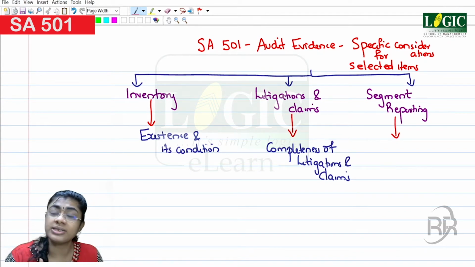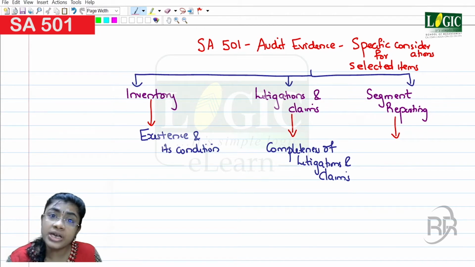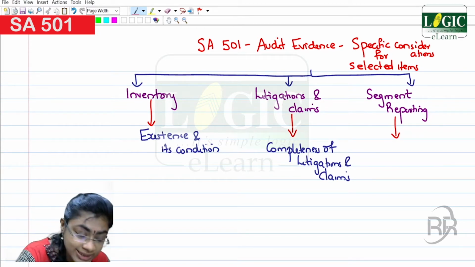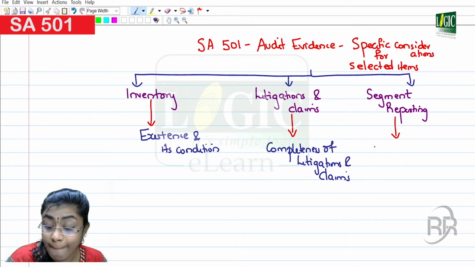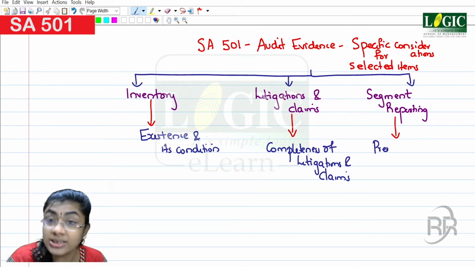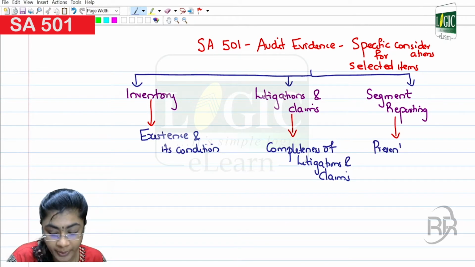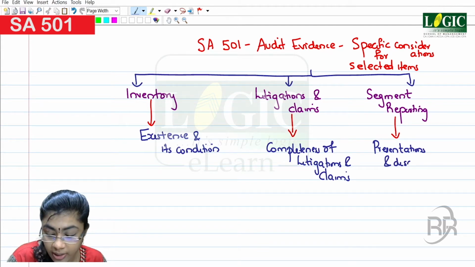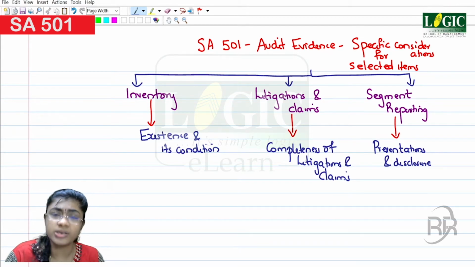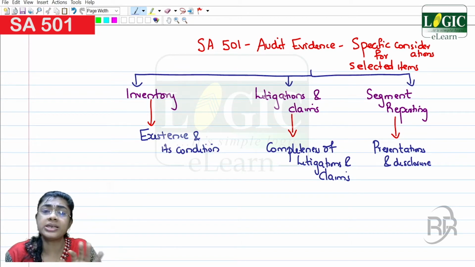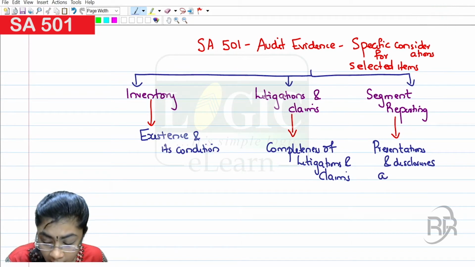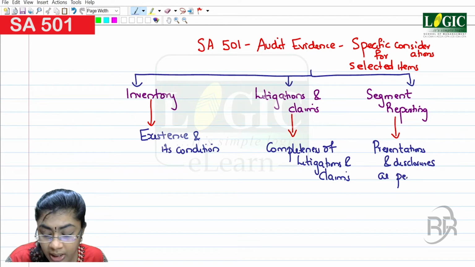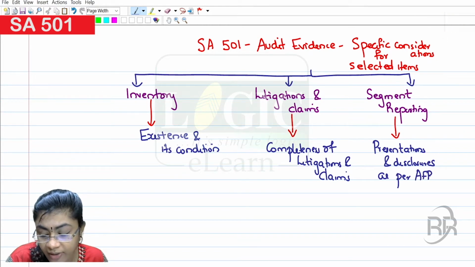Our objective as an auditor is to obtain evidence whether this segment reporting's presentation and disclosures are appropriate, or whether the presentation and disclosures are as per the applicable FRF.